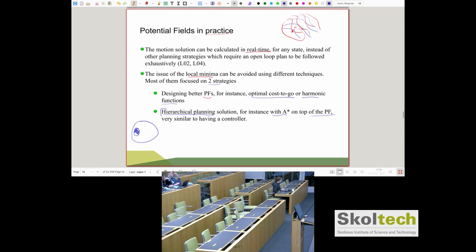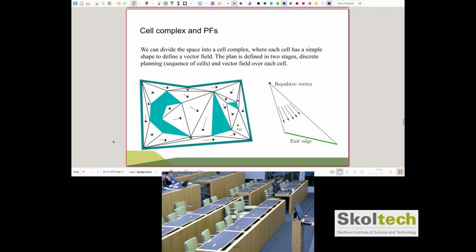You divide the problem such that local minima is not going to appear. You know for sure that your goal is not going to be in a local minima configuration, right? Okay. Explaining a little bit about this, let me talk about cell complex and potential fields.